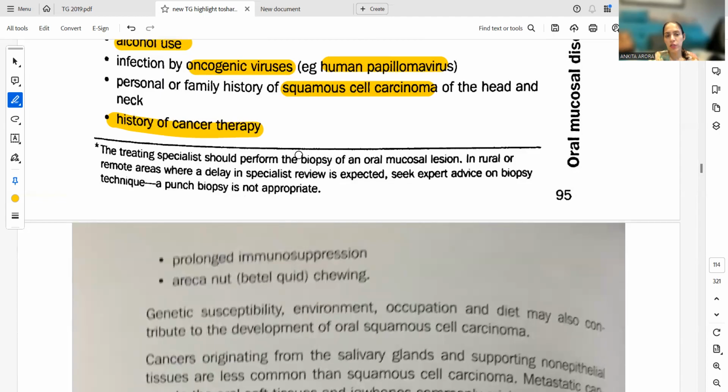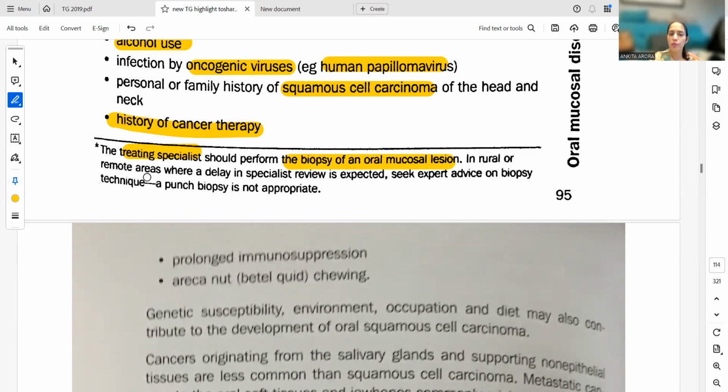The treating specialist should perform the biopsy of an oral mucosal lesion. In rural or remote areas where a delay in specialist review is expected, seek expert advice on biopsy technique. A punch biopsy is not appropriate. Okay, so the specialist should perform the biopsy. Our job as a general dentist is to refer for biopsy for oral mucosal lesions.